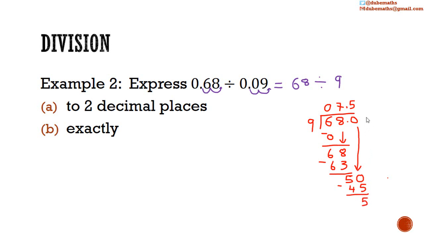Another 0. Bring it down. 9 into 50, 5. 5 times 9 is equal to 45. 50 take away 45 is equal to 5.